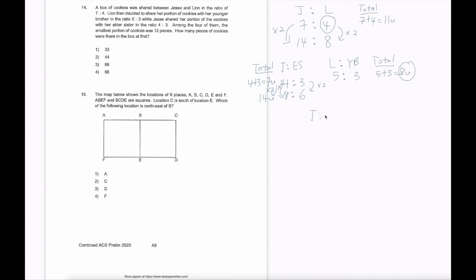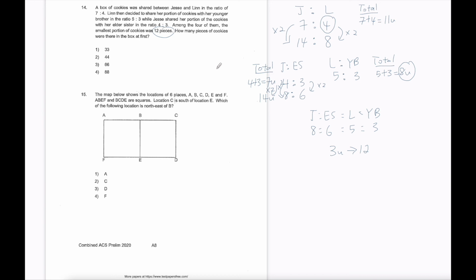So Jess, the elder sister, is to Lynn, the younger brother, is 8 is to 6, is to 5, is to 3. So the smallest portion is 12 pieces. The smallest portion will be the younger brother, which is 3 units, equals 12. How many pieces of cookies were there in the box at first?